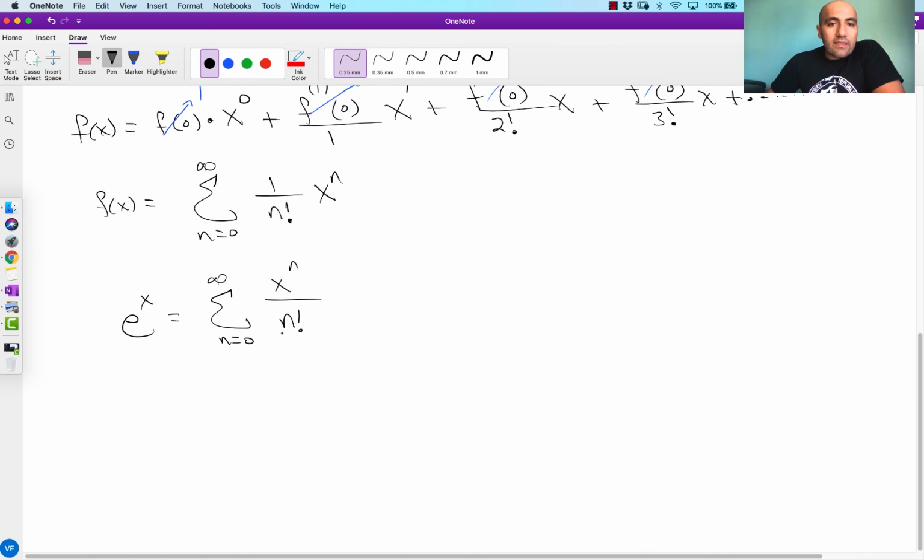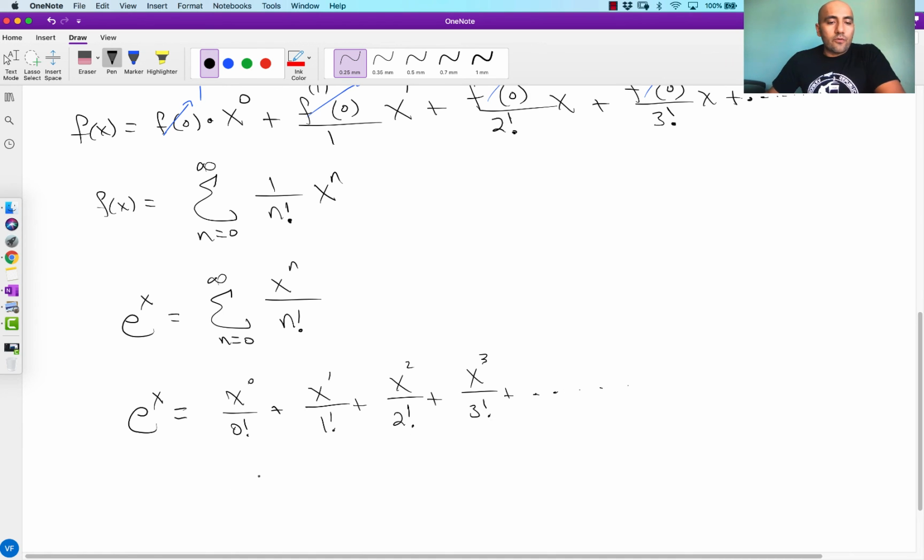And we can leave it like this, or we can simplify it a little bit and say that e to the x equals, if we have n equals 0, we end up with x to the 0 over 0 factorial plus x to the 1 over 1 factorial plus x to the second over 2 factorial plus x to the third over 3 factorial, and so on and so forth.